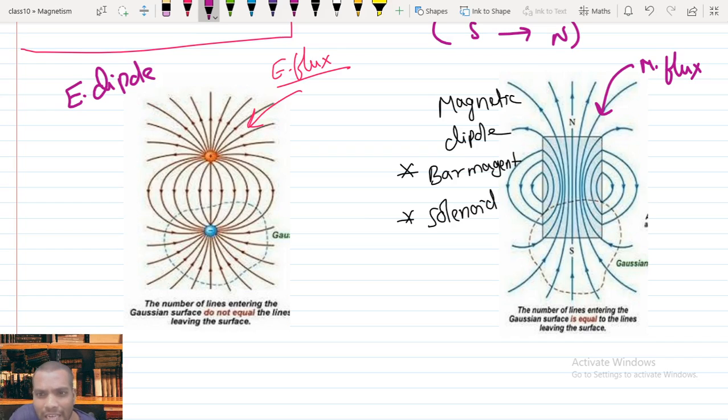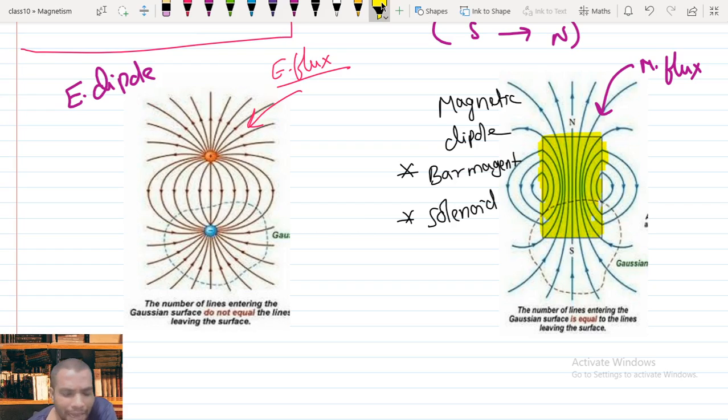There is something peculiar. But when it comes to direction, inside the bar magnet, the magnetic field lines pass from south pole to north pole.